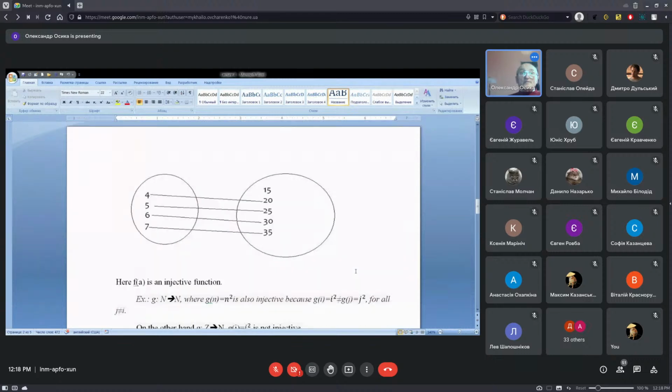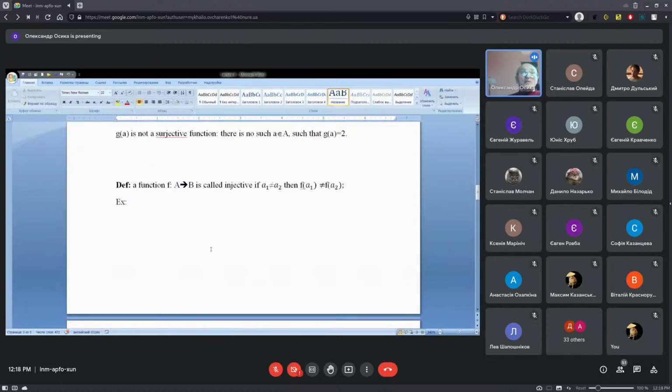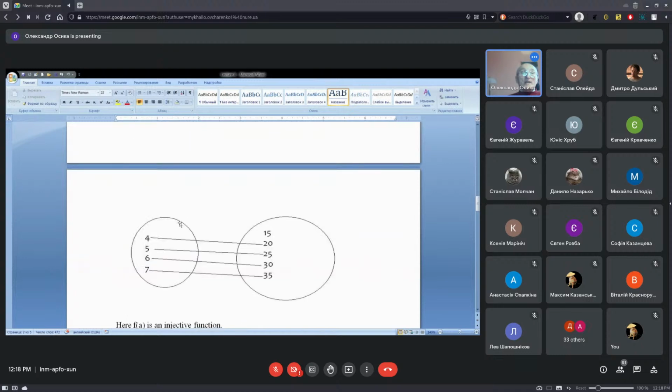Example here. These are elements of A from the domain. This is the domain. This is the range. And if 4 from the domain is not equal to 5, their images are also different.